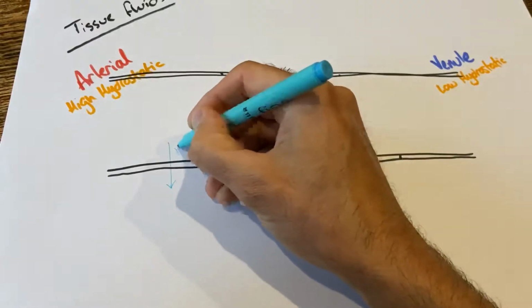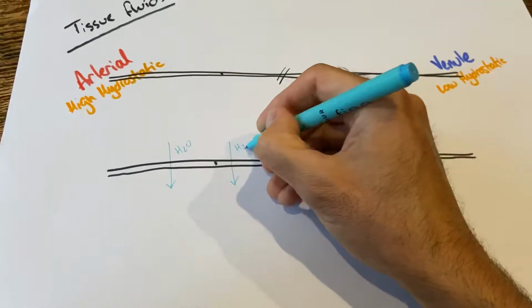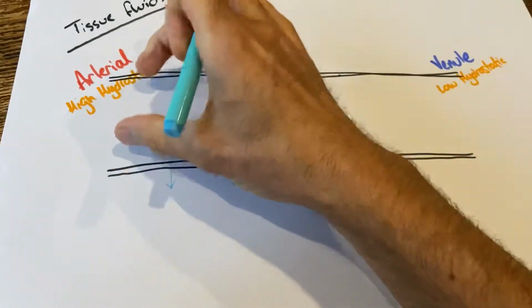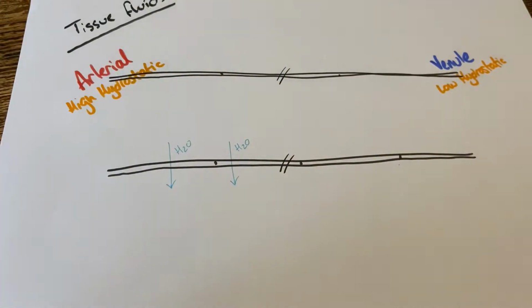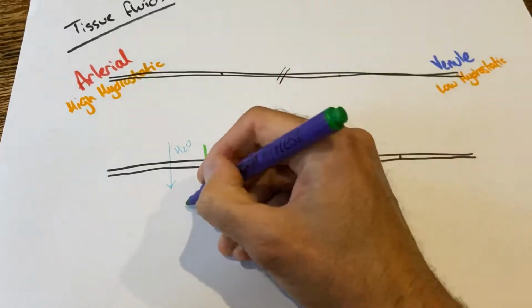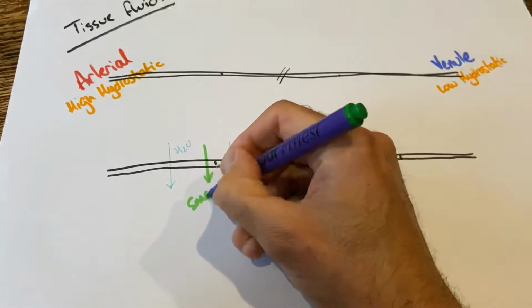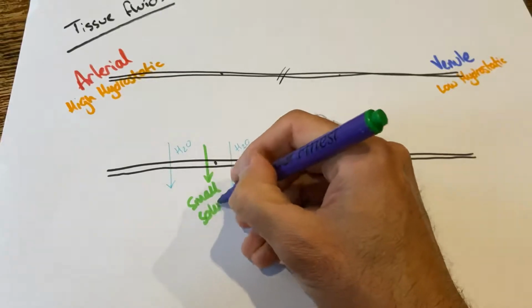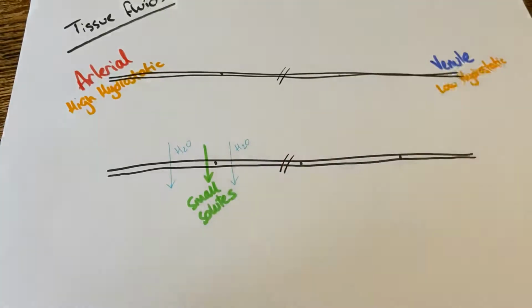will be forced out of our capillary where we're under this high hydrostatic pressure. What will also be coming out at this particular point will be small molecules, the small solutes that will also be making up the blood plasma itself.